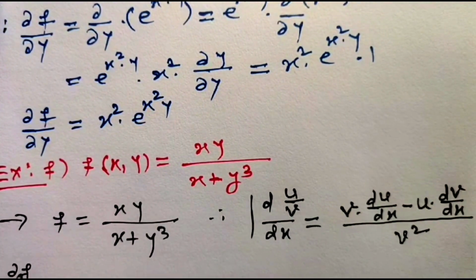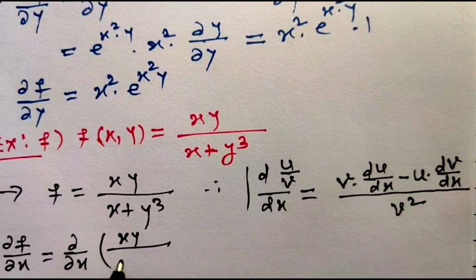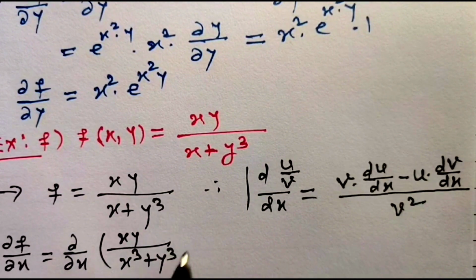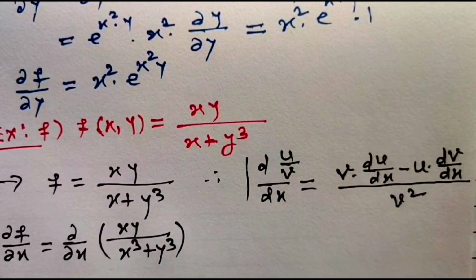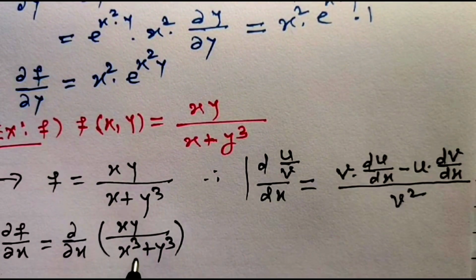Applying this formula, first of all differentiating with respect to x, considering y as constant. The partial derivative of f with respect to x is equal to the partial derivative with respect to x of the given function xy divided by x plus y cube. We are differentiating with respect to x, meaning considering y as constant. U upon v, u is the numerator and v is the denominator.